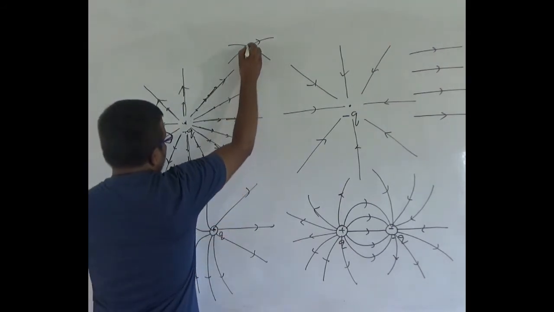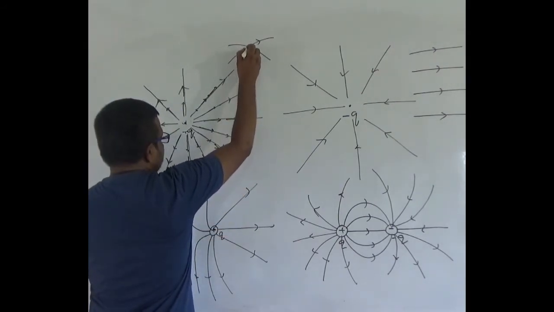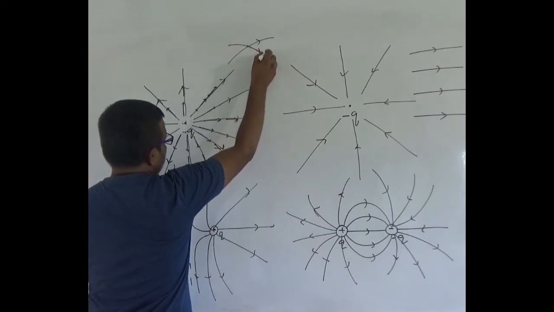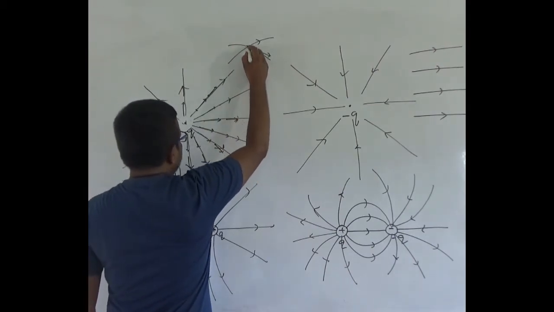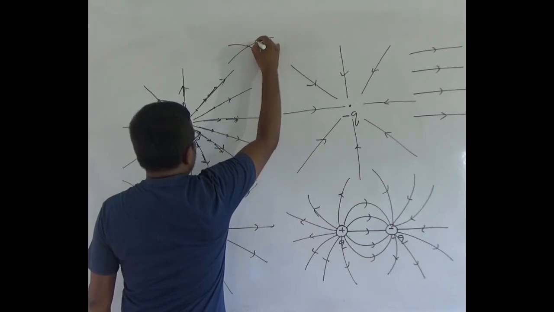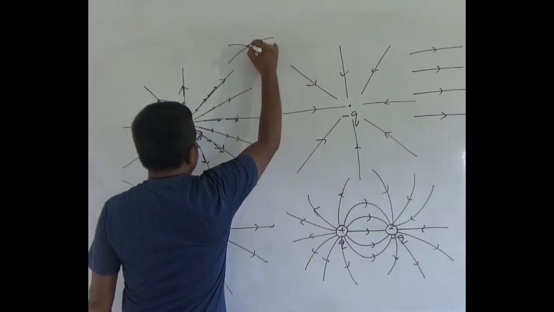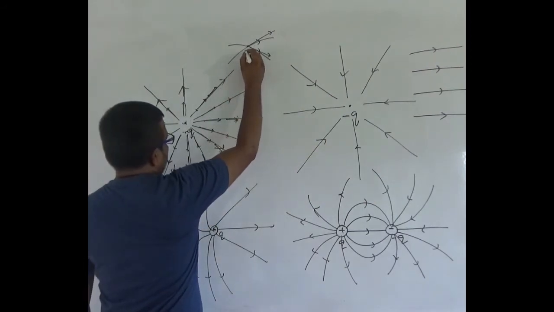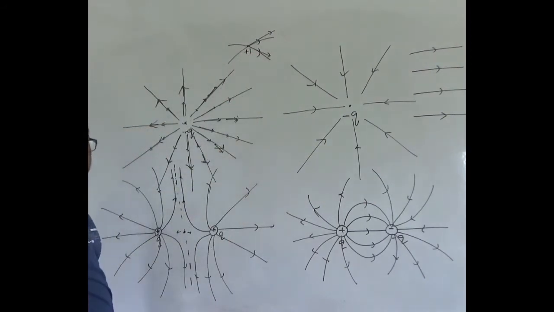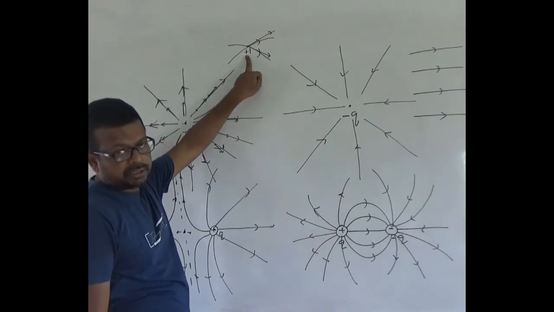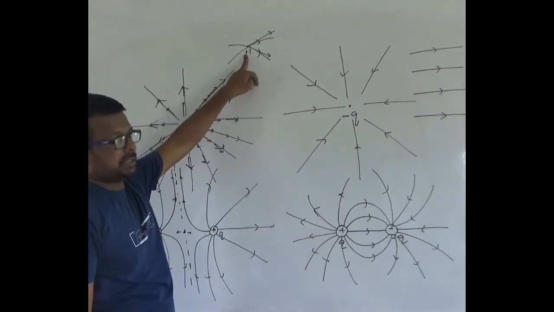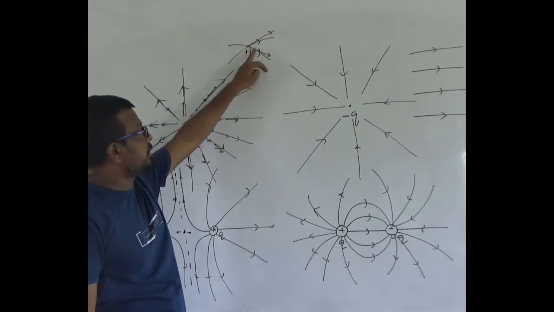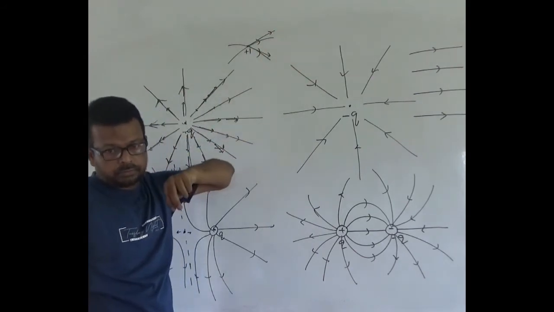Then at this point the tangent on this field line is along this direction and the tangent on the other field line at this point is this. That means if we place here one unit positive charge, then the force on this charge will be along this direction and this direction also.